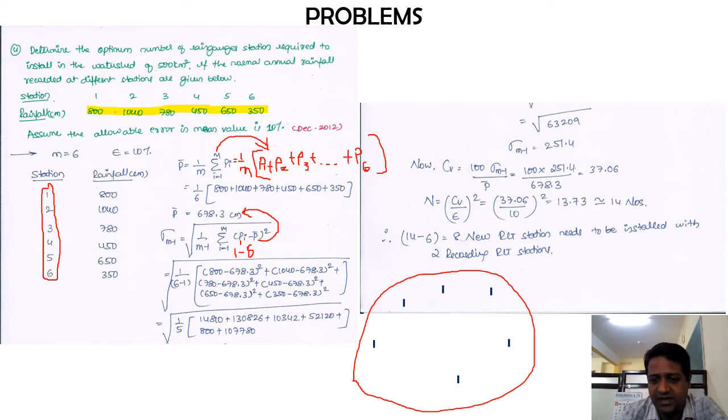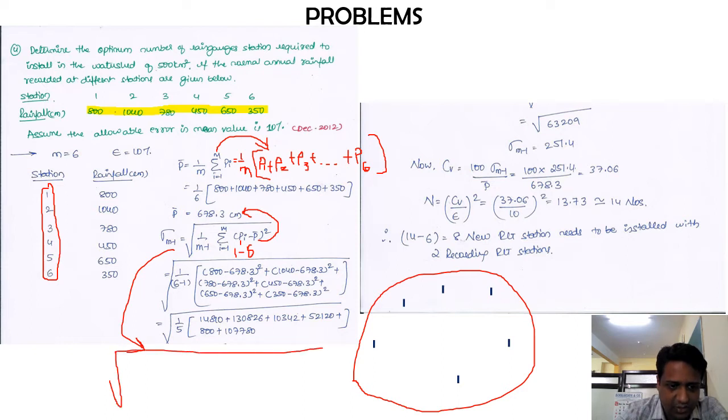If you expand that, the summation looks something like this. I'll write it down here: the square root of 1 divided by m minus 1, into bracket, Pi minus P bar.